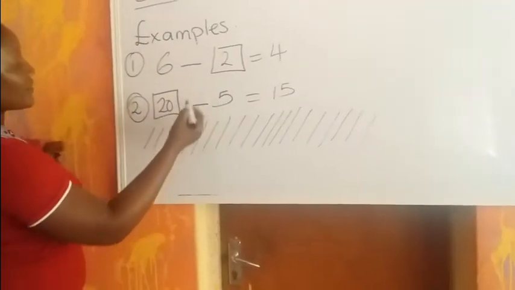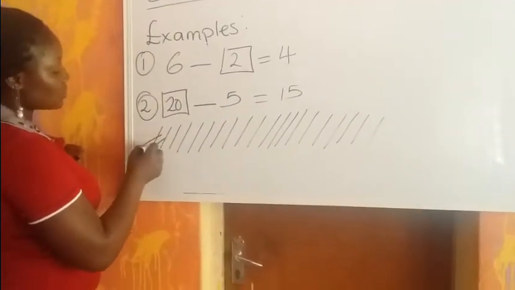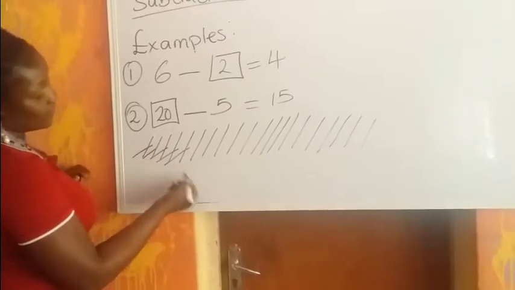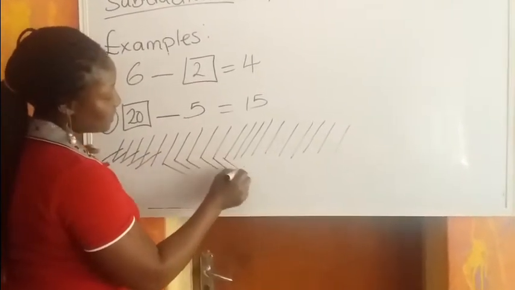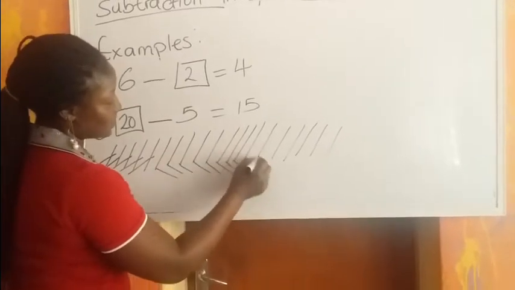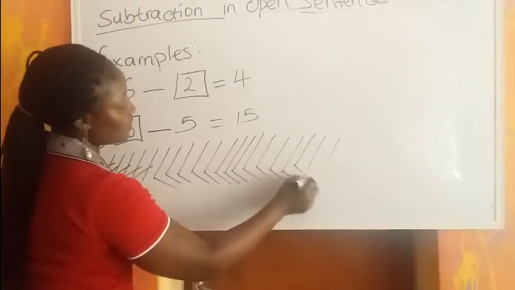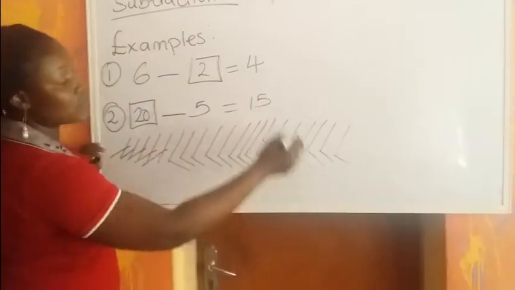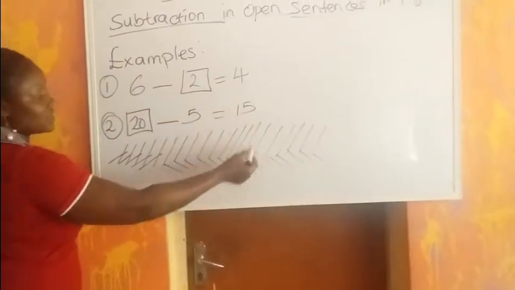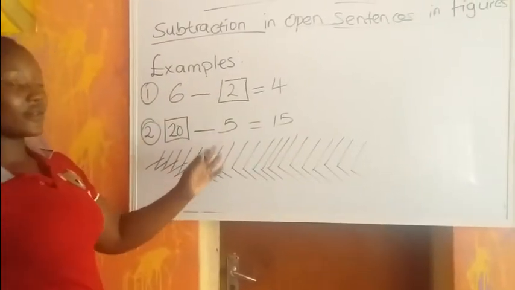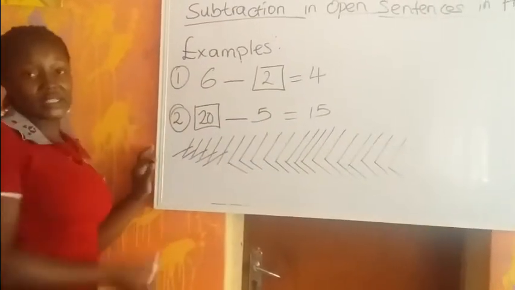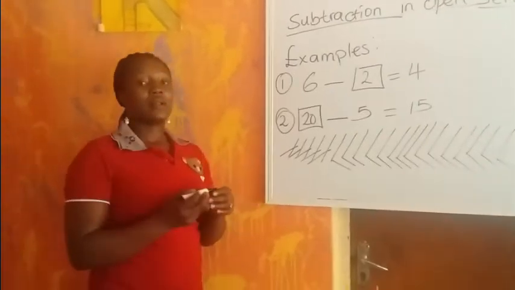You take away 5. 1, 2, 3, 4, 5. You're left with 1, 2, 3, up to 15. It's still giving us the same 15. And if you add 15 to 5, it will still give you back your 20, vice versa.